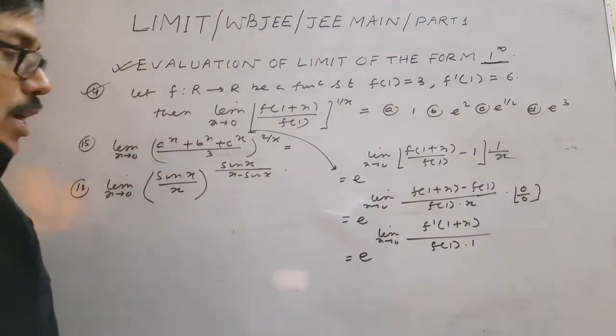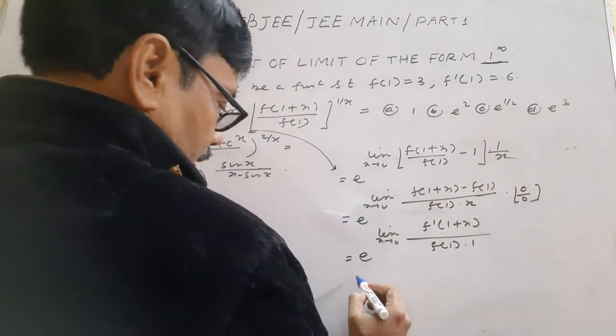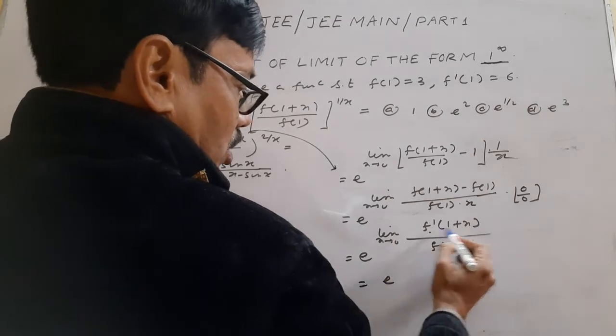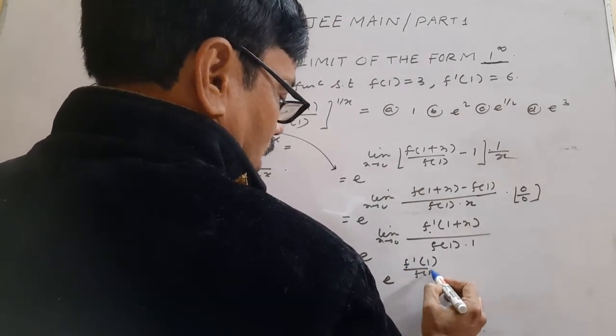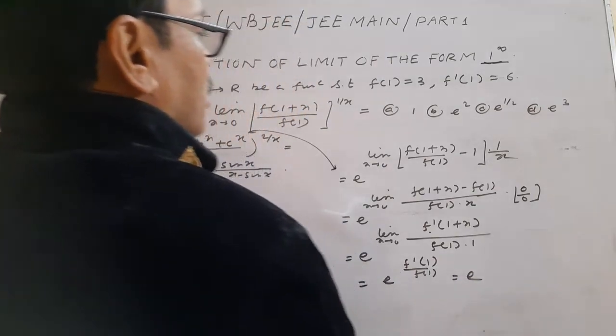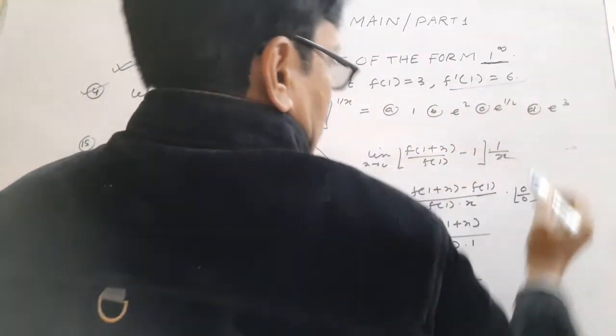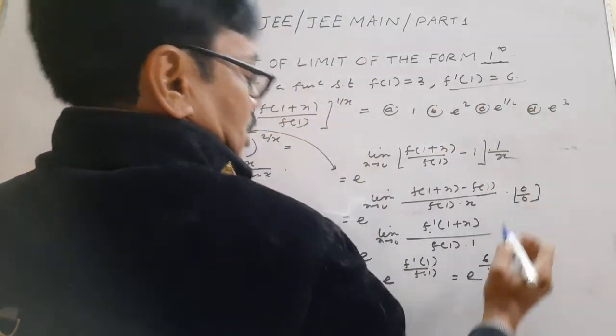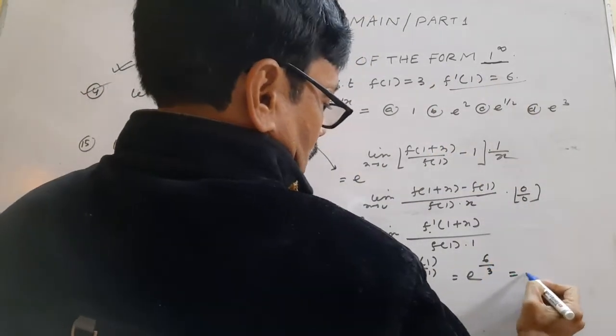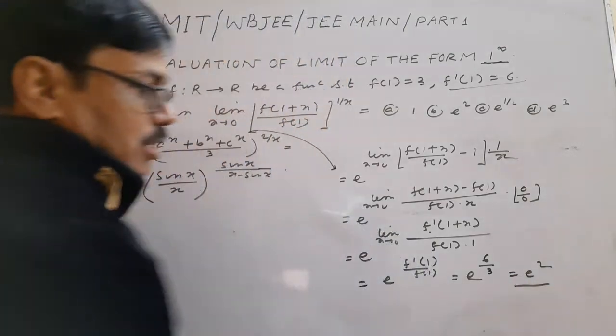Now if we put x equals to 0, this is not undefined, we get f'(1)/f(1). What is f'(1)? f'(1) is 6. And f(1) is 3. So the value is e squared.